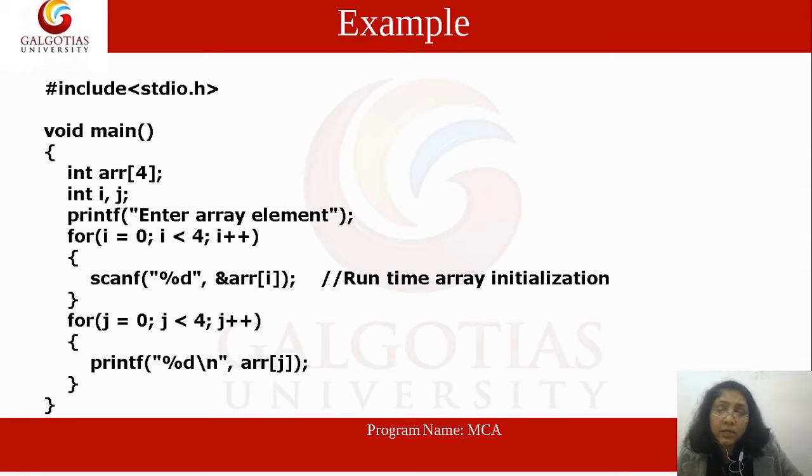When i is 0, the scanf function will allow you to store an element in arr[0]. When i is 1, it will store the element in arr[1], and accordingly up to arr[3]. Once I have entered the values, I have displayed them through another loop using printf.